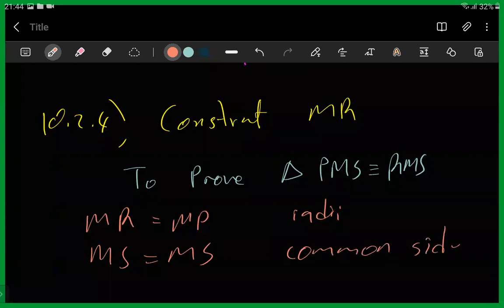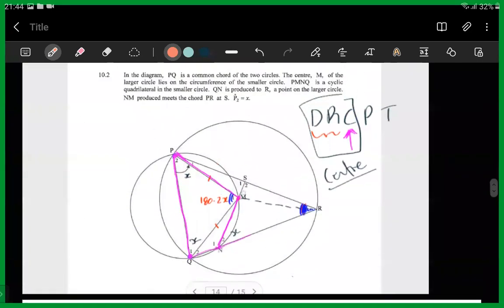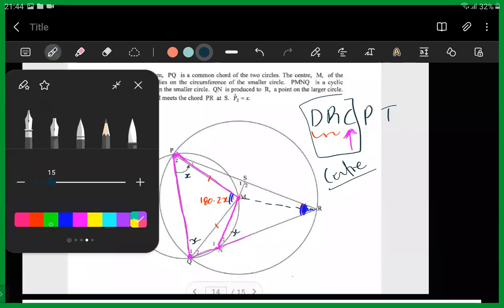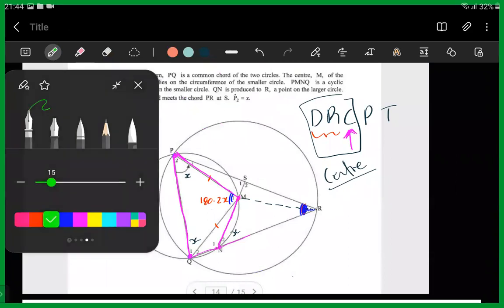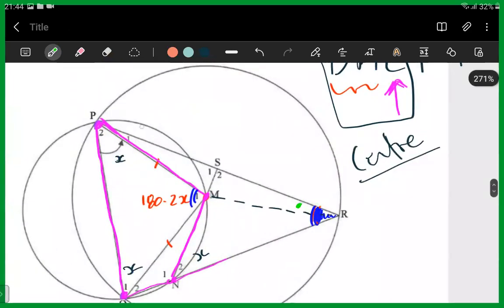And then we have to mention a third item, remember, to prove congruence. What's the third item? It's either side, side, side, side, angle, side, or angle, angle, angle.